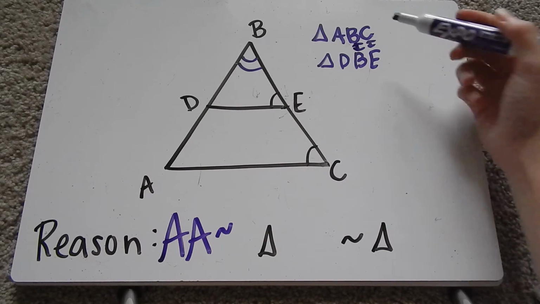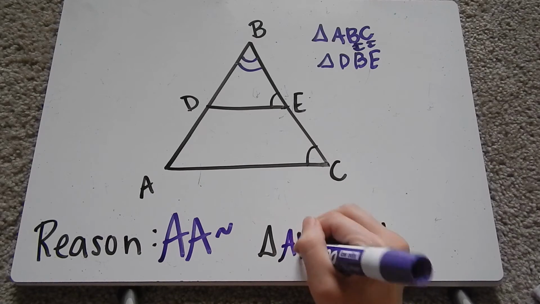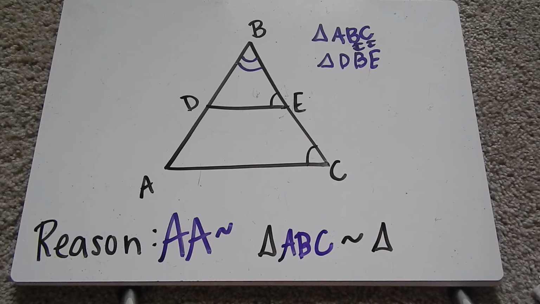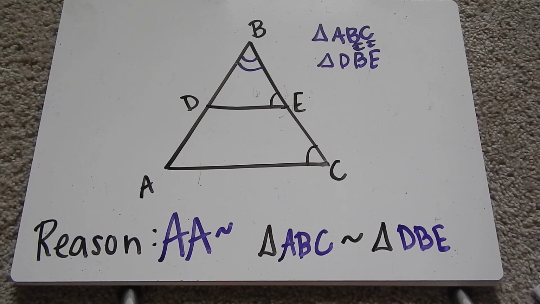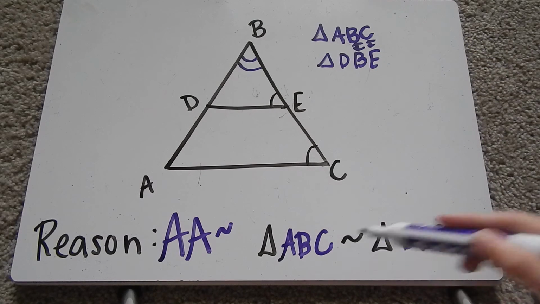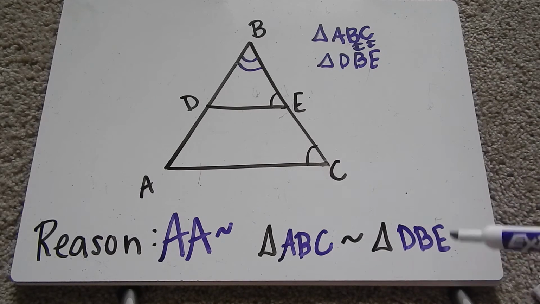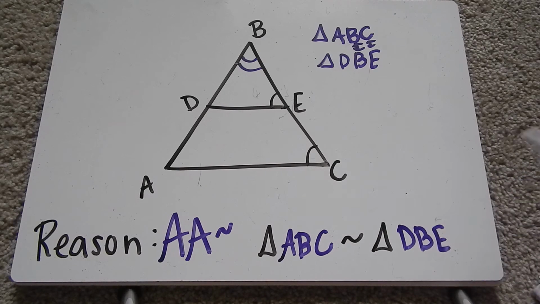And actually how I wrote them here is how they're going to be written down here. Triangle ABC is similar to DBE. We know that because E and C are corresponding, so they have to be in the same place. B and B are corresponding, so they have to be in the same place as well. And so A and D would end up being at the front of how I wrote it here.